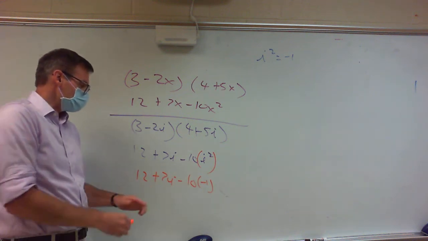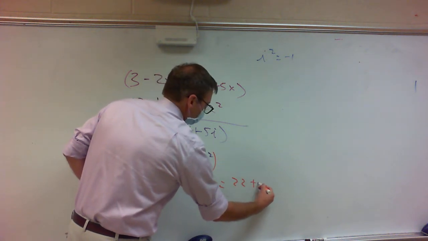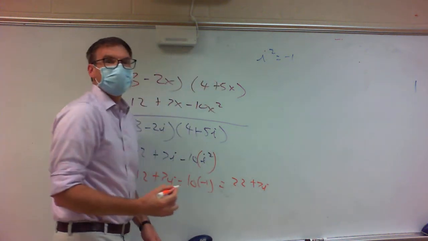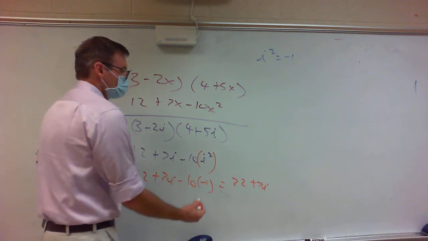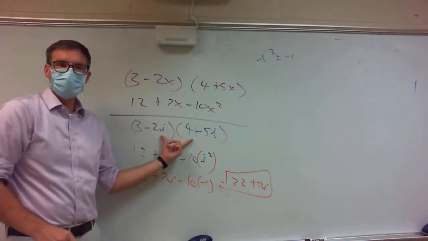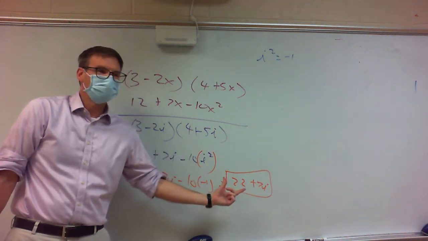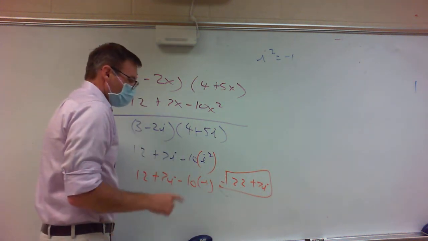So I get 12 plus 10, which gives me 22 plus 7i. Notice when I multiply 2 complex numbers together, I got a complex number. All right, your turn.